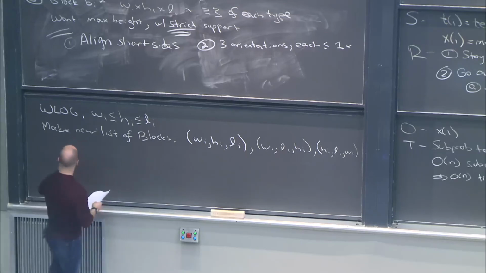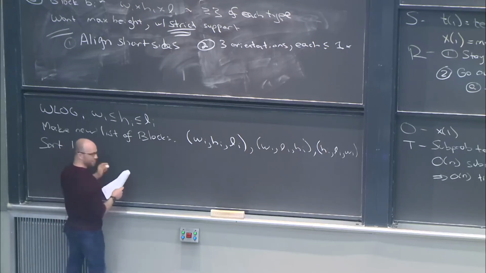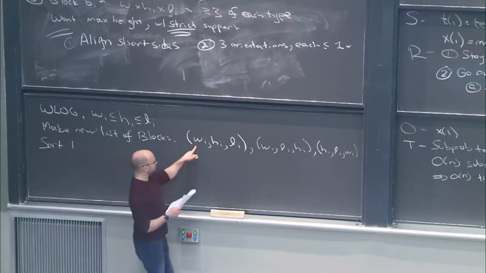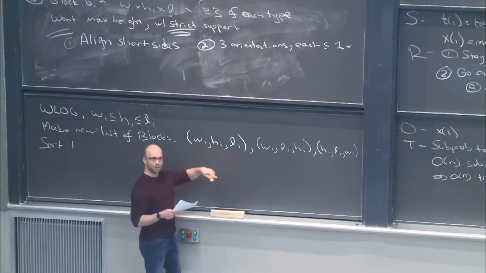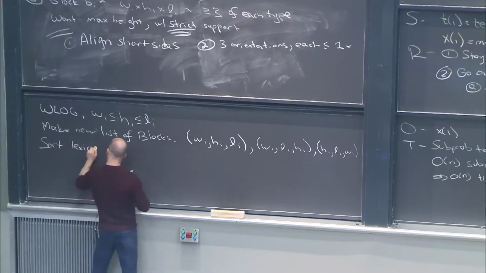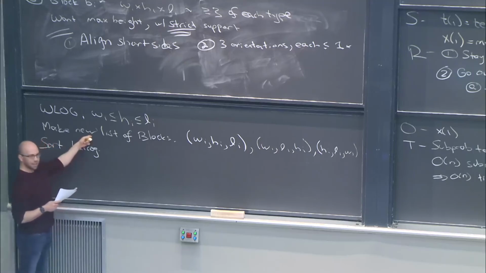Yeah? So I'm going to sort that list, and I want to do it, I can never say this word, lexicographically, meaning that I'm going to sort on the first coordinate, and then the second and the third. Lexicographically. Notice this length is 3n if I had n blocks to start with.